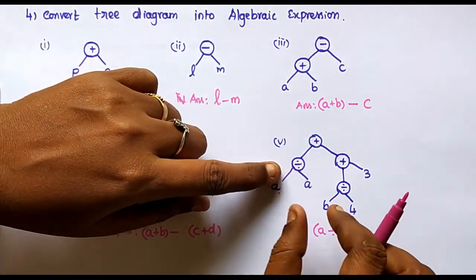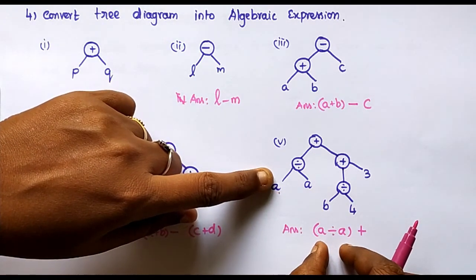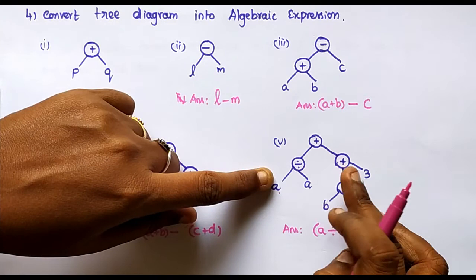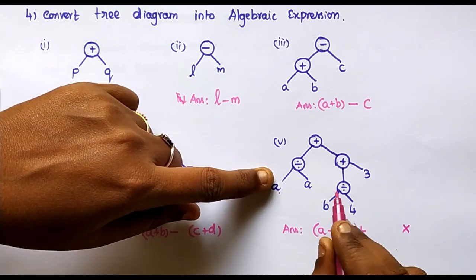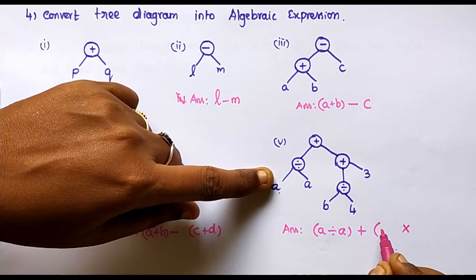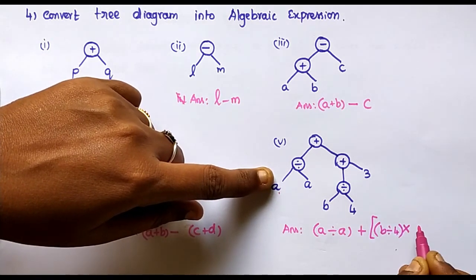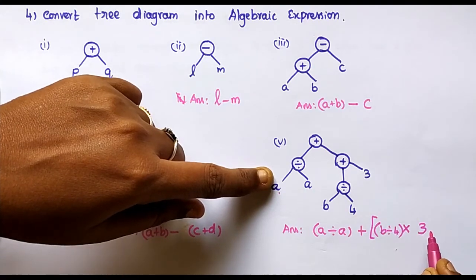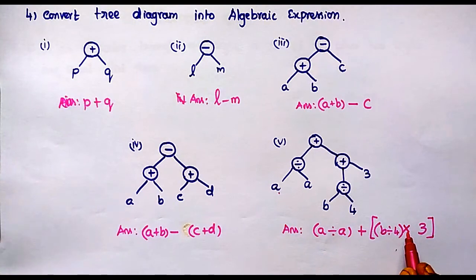Which one and which one? This term is a divided by a, and here multiplication. Which one and which one? b divided by 4 and 3. Sorry, this one is plus. That is the answer.